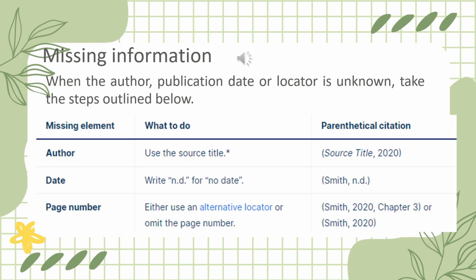For example, Smith, 2020, chapter 3. So they're going to find chapter 3 and locate the info that you have put in your research. Or Smith, 2020, if that might be enough for them.